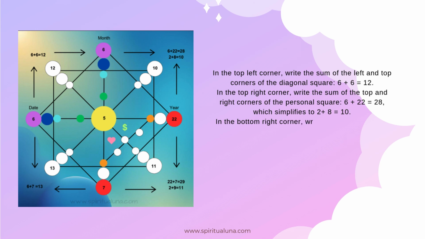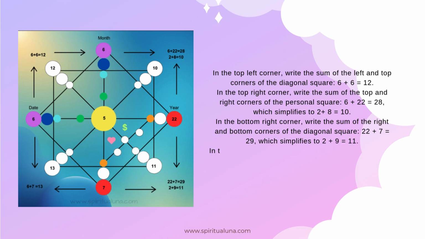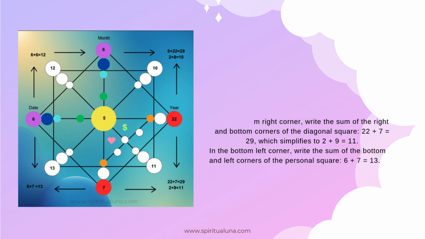In the bottom right corner, write the sum of the right and bottom corners of the diagonal square. 22 plus 7 equals 29, which simplifies to 2 plus 9 equals 11. In the bottom left corner, write the sum of the bottom and left corners of the personal square. 6 plus 7 equals 13.